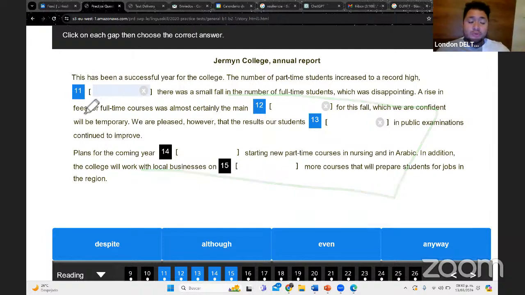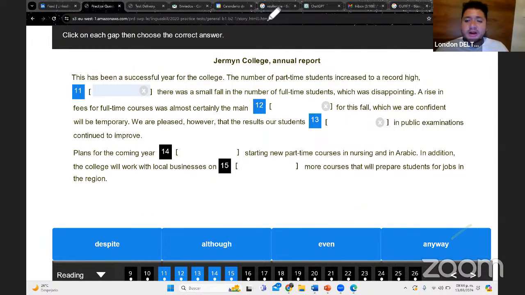You only need to read what we have before and after the gap. Always pay attention to what you have before and after the gap. So I need to read from the to disappointing. And according to what you read, you complete with one of these possible answers.